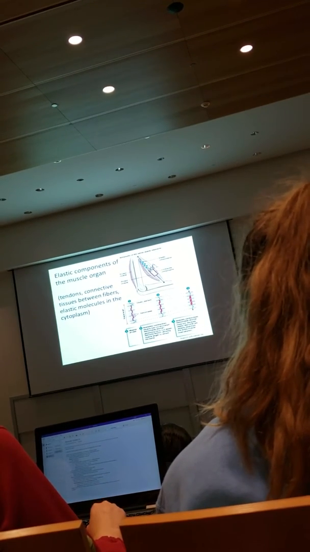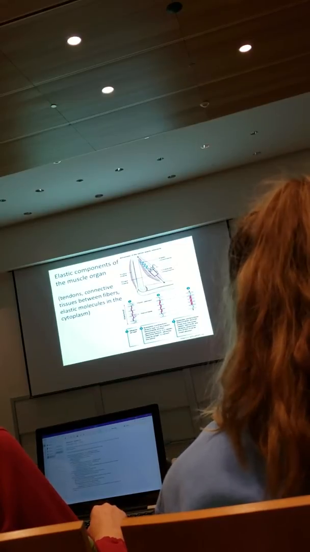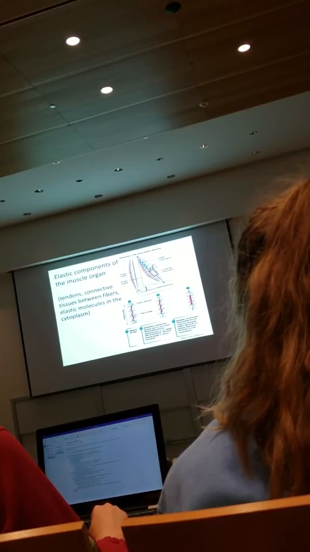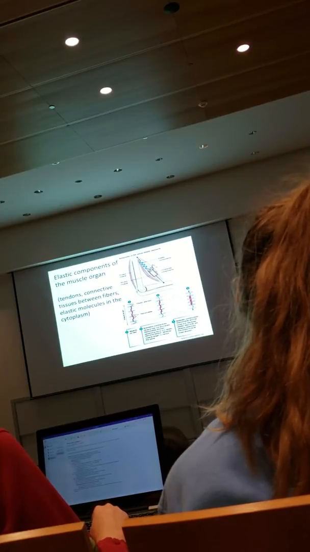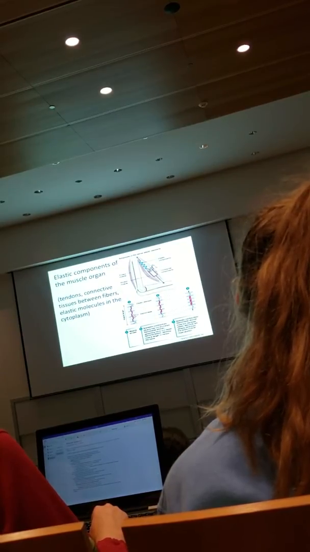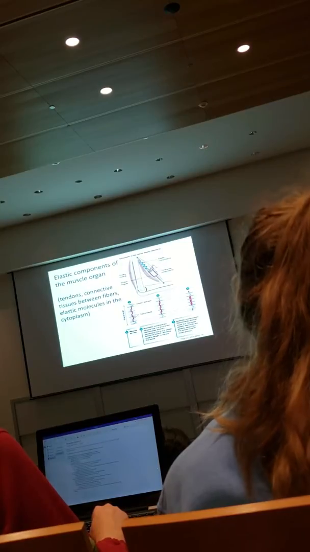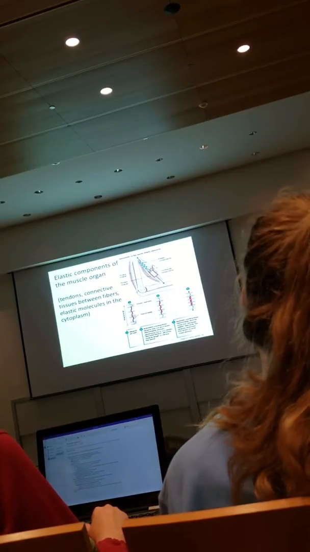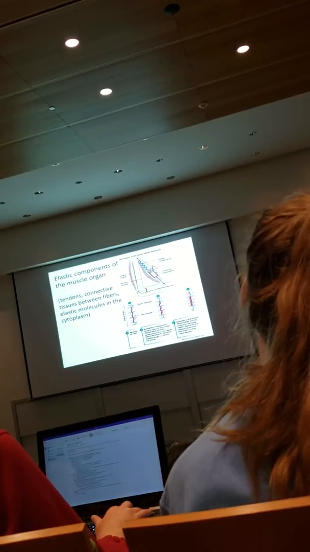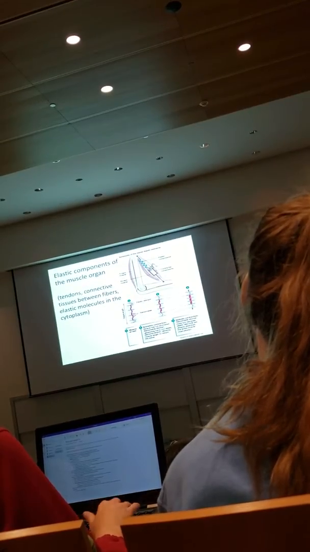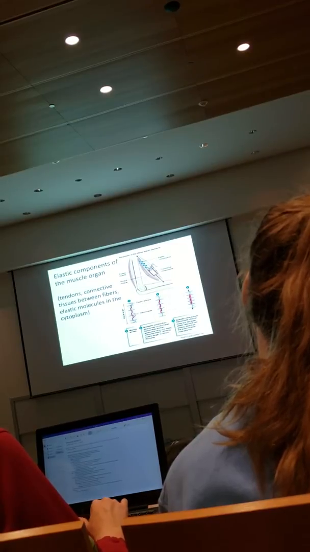Okay? And here is one sarcomere, another one, and another one. You can just see the actin filaments here. You don't see the myosin heads. When you start contracting, the sarcomeres will become shorter, and there is going to be more overlap. It's hard to see that, but they are becoming shorter. You can see the dashed lines here, how they change the angle. But most of the pulling is going to be translated to what?